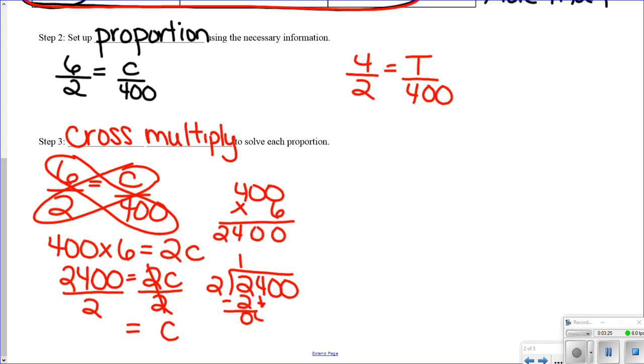Bring down the 4. 2 goes into 4 twice. Bring down the zeros. 2 does not go into 0. Put a 0 up. Bring the next 0 down. 2 does not go into 0. Put the 0 up. 1,200 cars.